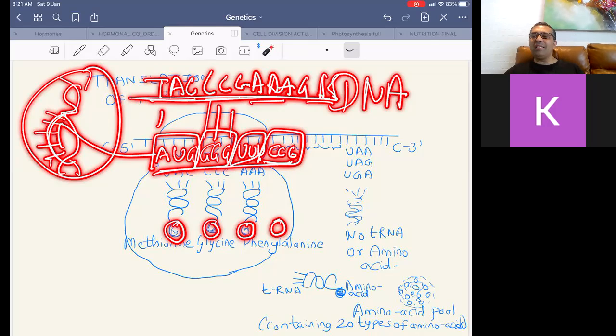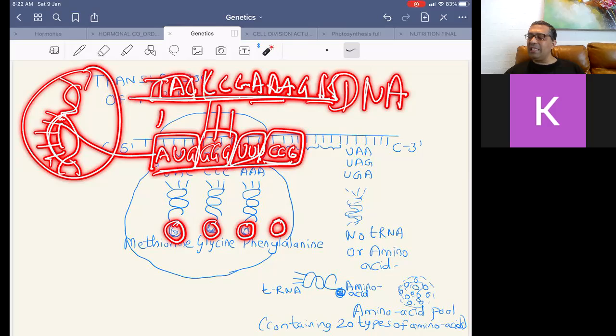So this is the gene for insulin. What is the sequence of nucleotides in the gene for insulin?